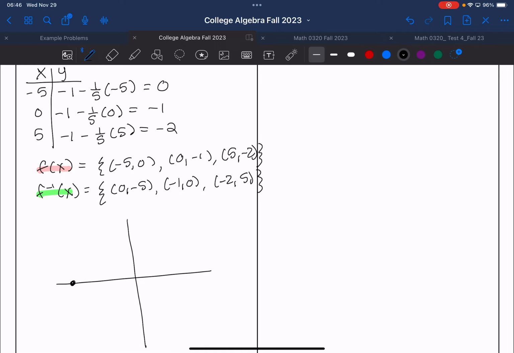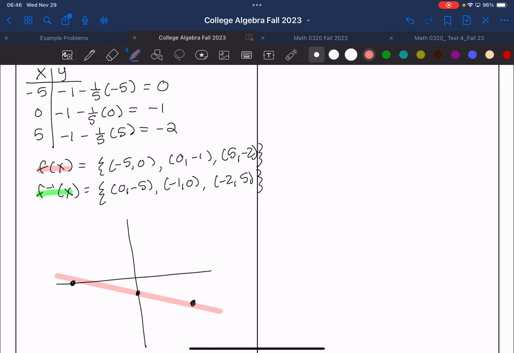And then I'm going to plot 0, -1. Remember, these are just a rough sketch. Okay? And then I'm going to plot 5, -2. Okay, so this is my first one, which was a linear equation.